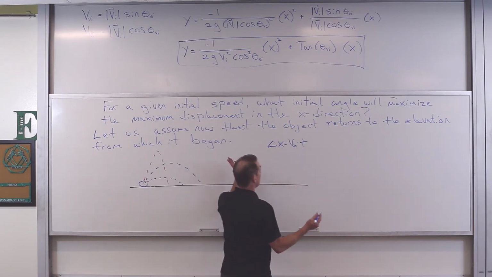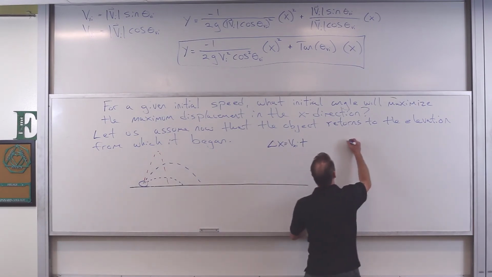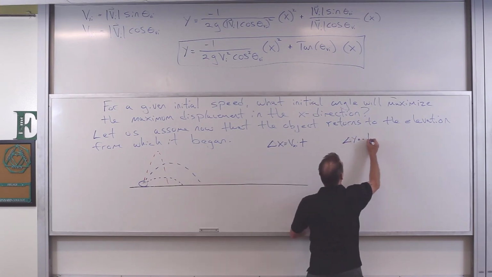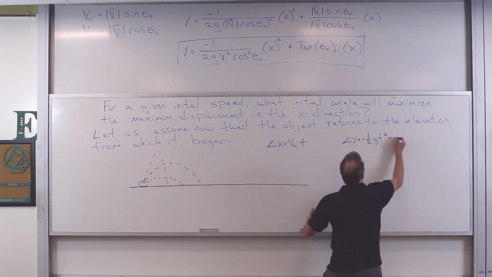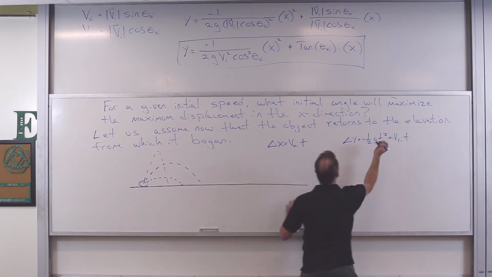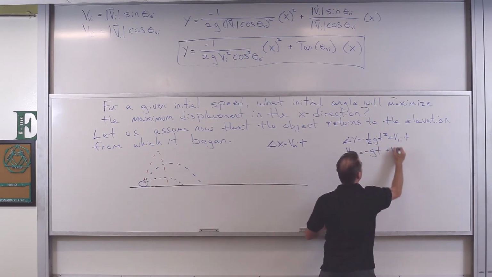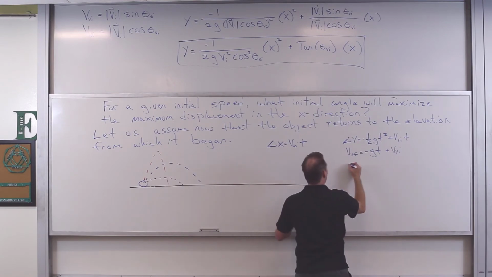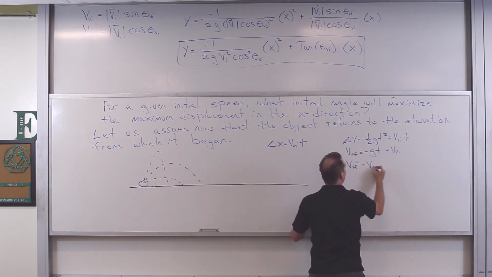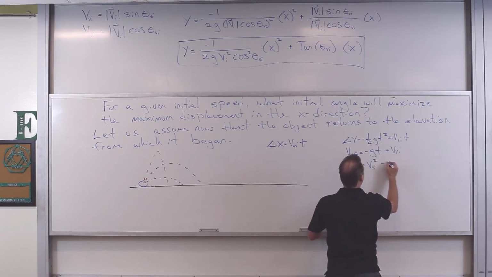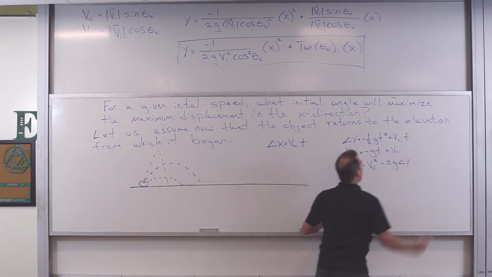We've got ourselves the other equations for the y direction. We've got delta y is equal to negative 1/2 g t squared plus vyi times t. We've got ourselves that vy final is equal to negative gt plus vy initial. And we've got ourselves that vy final squared is equal to vy initial squared minus 2g delta y.